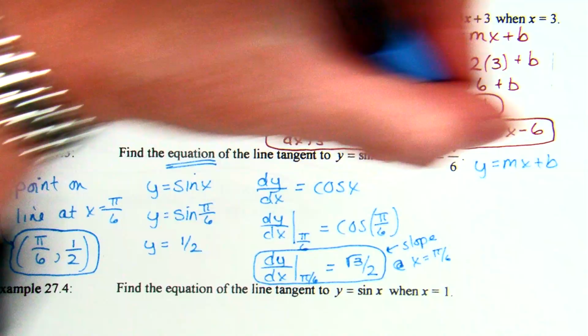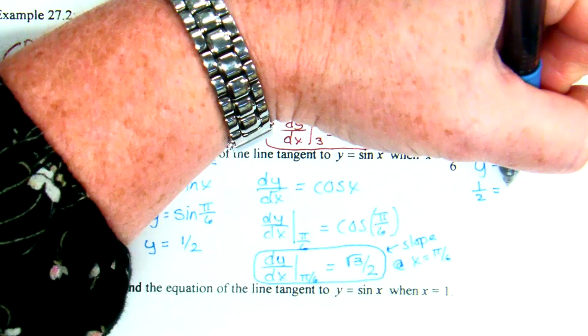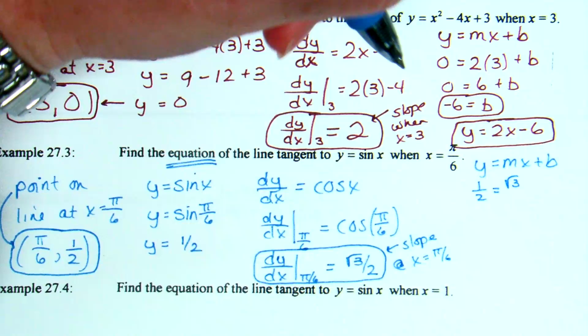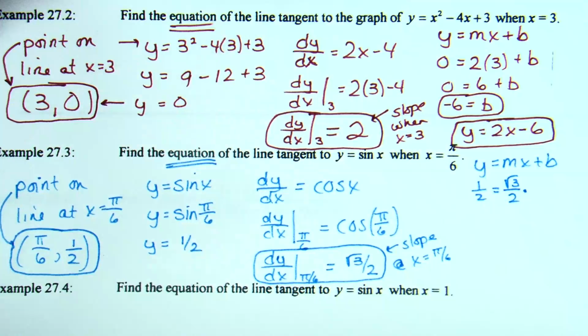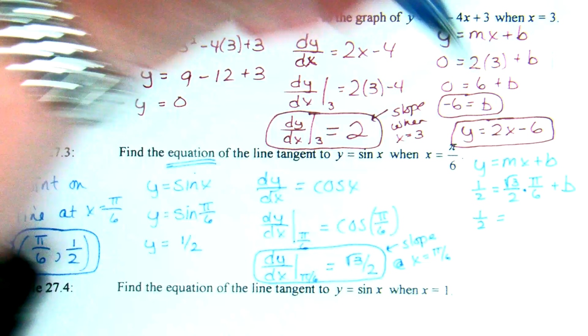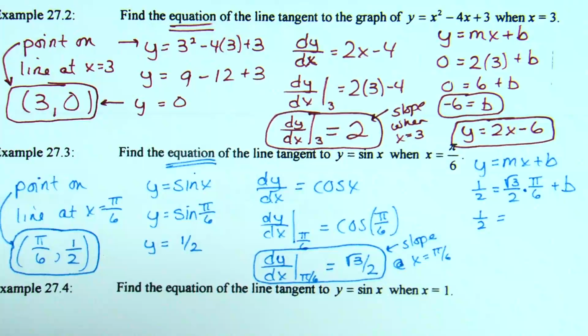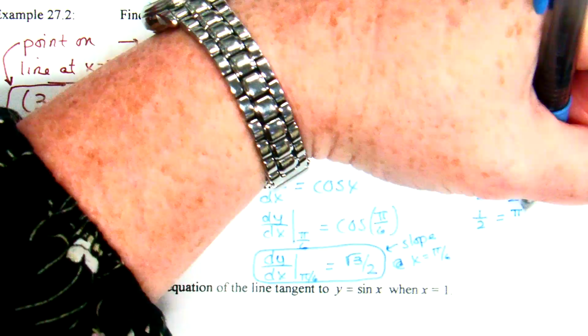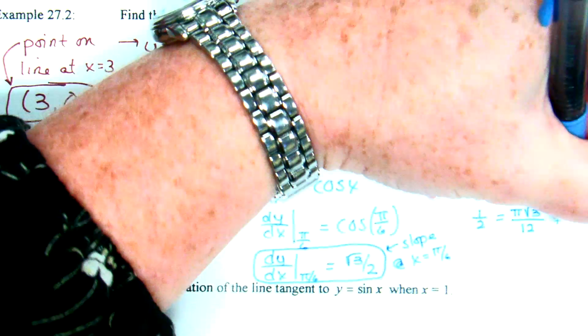So y, 1/2 equals m, radical 3 over 2 times x, which is pi over 6, plus b. So 1/2 equals, yeah, you can't really clean it up a whole lot other than pi radical 3 over 12 plus b.